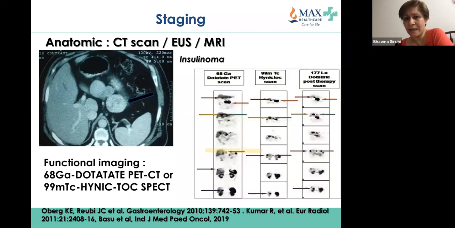If you do not have a PET scan department, then you may have a gamma camera where you will be able to do a HYNIC-TOC scan, because what that will show you is whether the patient has a somatostatin receptor expressing tumor. Because even though the Ki67 may be low, the patient may be somatostatin receptor negative, it is very important for us to know right at baseline whether that is the case.